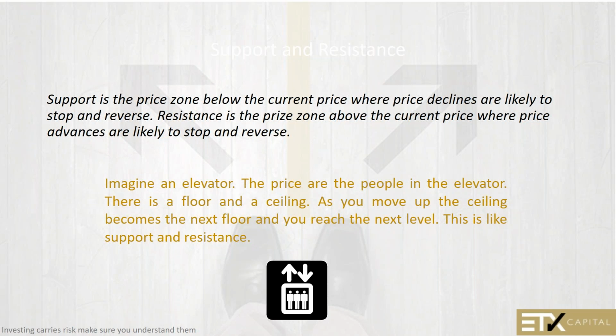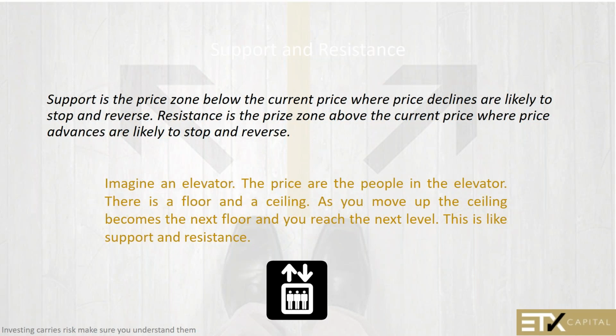So support is the price zone below the current price, and it's just the opposite if we're in a downtrending market. So support is the price zone below the current price where price declines are likely to stop and reverse. Resistance is the price zone above the current price where price advances are likely to stop and reverse.